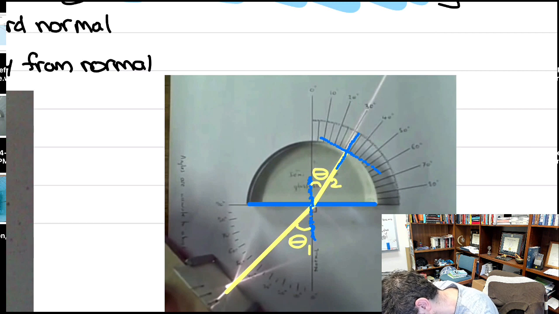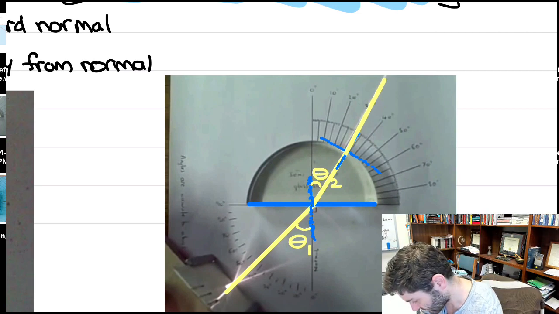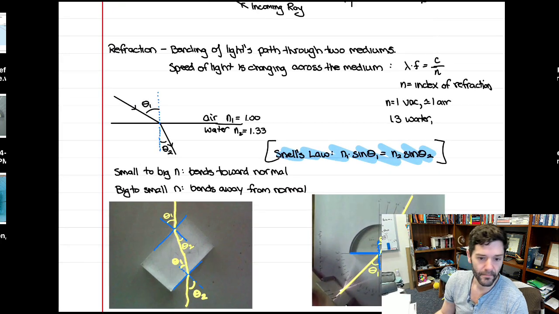So the incident angle is 0, and so the refracted angle is also 0. So as a result, it just travels in a straight line through. You'll also explore that in lab. But here we can see some examples.